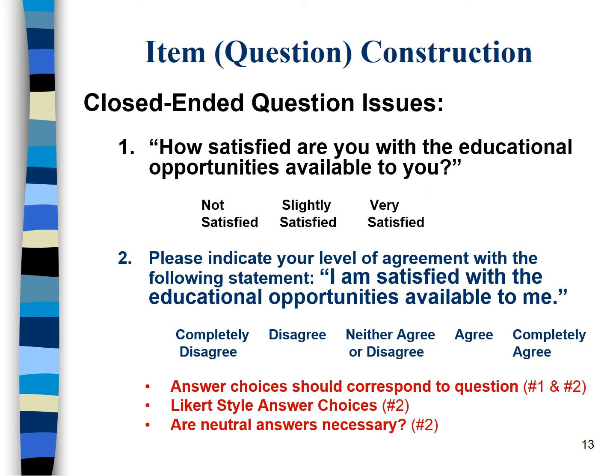So Likert style doesn't just have to be agreement, but it's whenever you have a range of values that sort of indicate agreement or frequency to some particular question. And then also the third red bullet point is the idea of are neutral answers necessary? And in number 2, we have that. Okay.